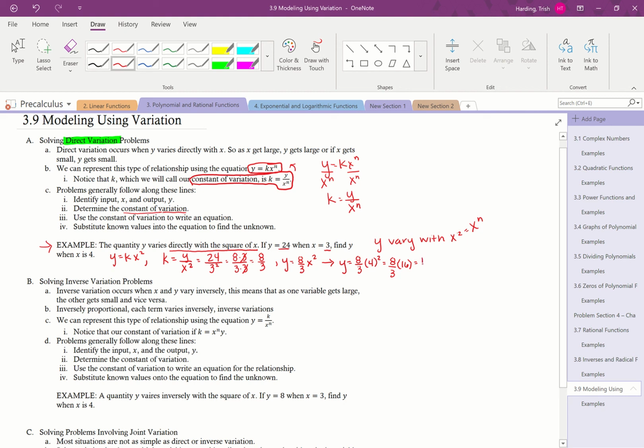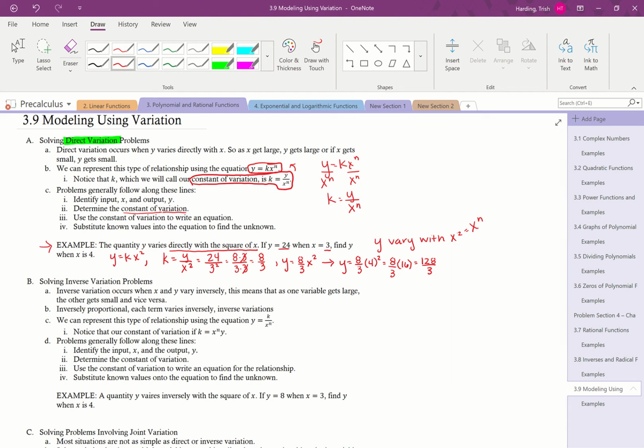And that will give us 128 divided by 3, which is a repeating decimal, so we can just go ahead and leave it like this. I don't want a repeating decimal. We're fine there. And that's the gist of direct variation.